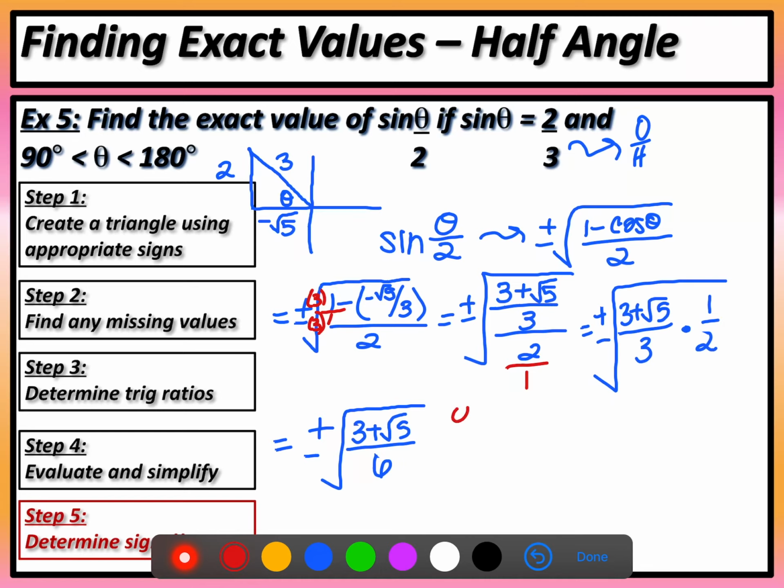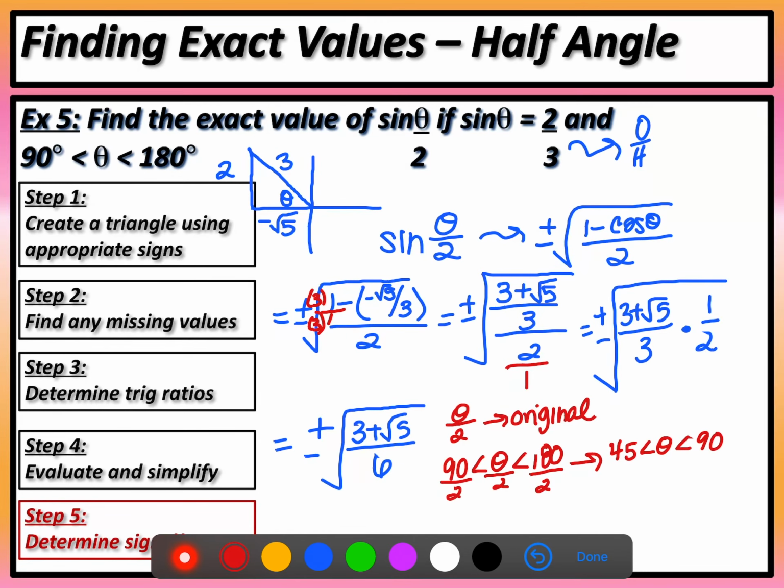So theta over 2 is the original angle. And I only know where theta is. So theta is in between 90 and 180. So where is theta over 2? Theta over 2 is going to be in between 45 and 90.